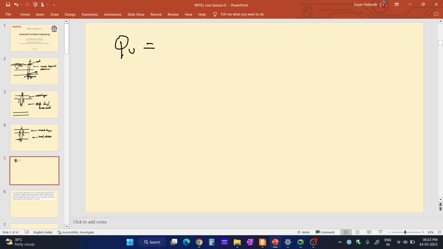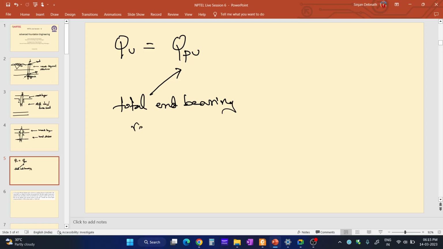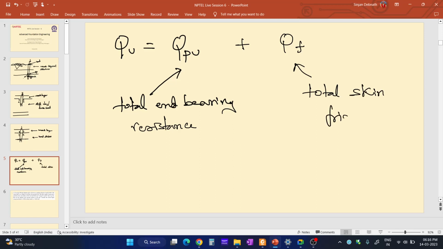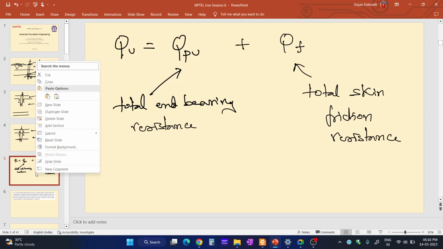This QU is equal to QPU, the total end bearing resistance, plus QF. This QF is the total skin friction resistance.